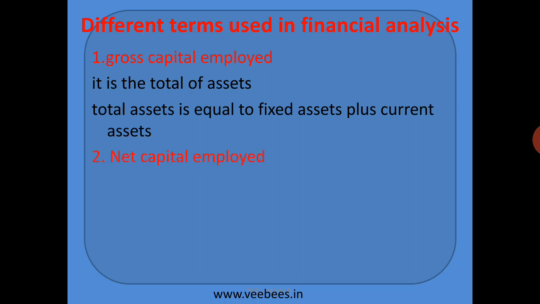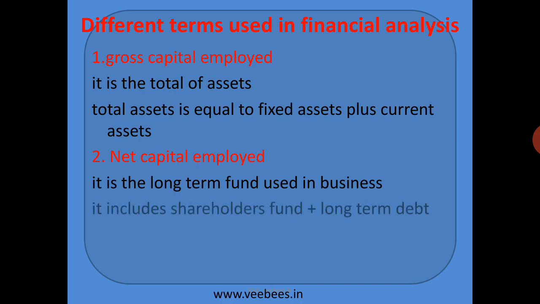Second term is net capital employed. Net capital employed is the long-term fund used in business. The long-term funds, just like equity share capital, preference share capital, debentures, bonds, etc., used in business is called net capital employed. It includes both shareholders fund and long-term debt.